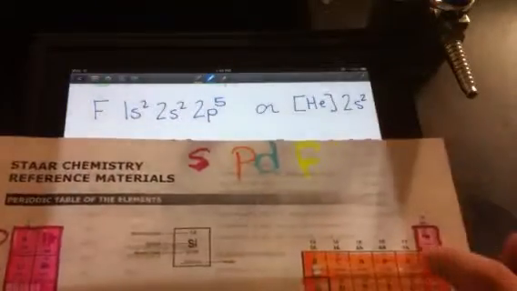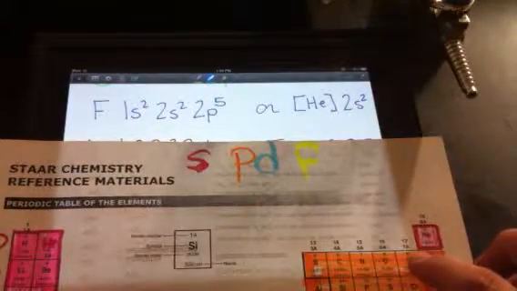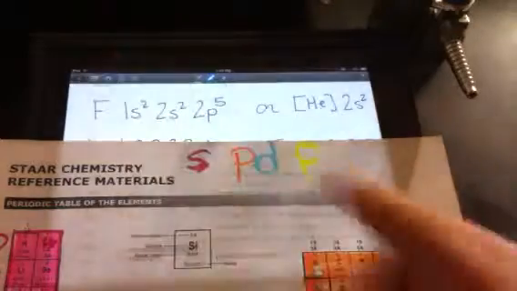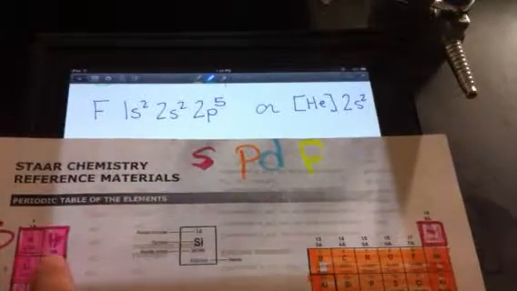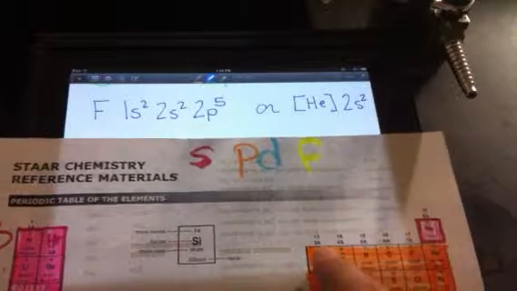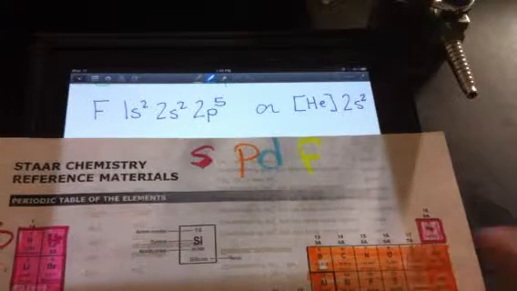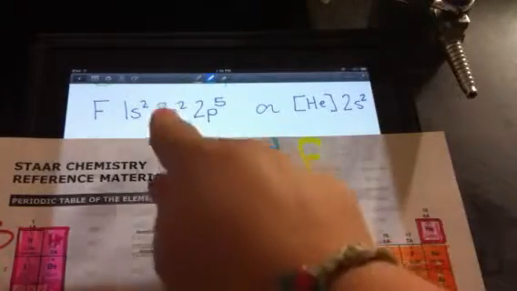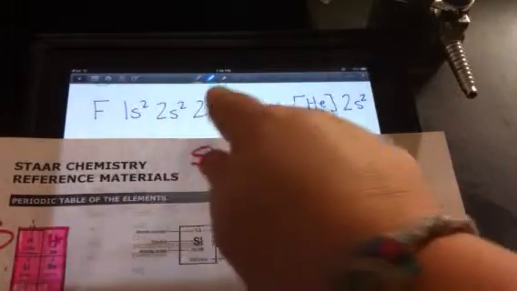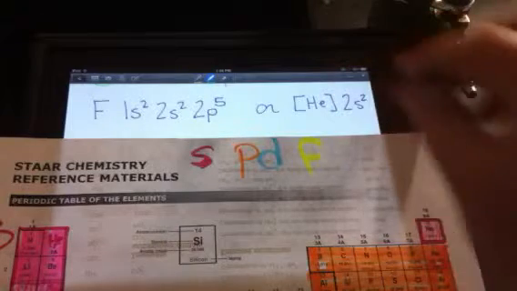Fluorine. Fluorine is here. It's in group 7. I'm fixing to show you something else too now. 1s2, 2s2, 2p5. 1, 2, 3, 4, 5. Now, if I look only at the second row, 2 plus 5 is 7.